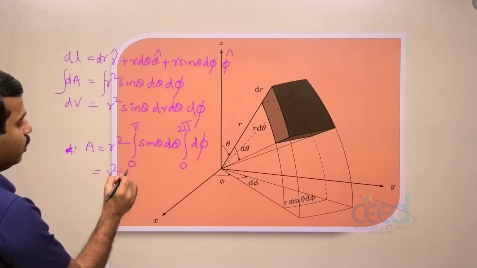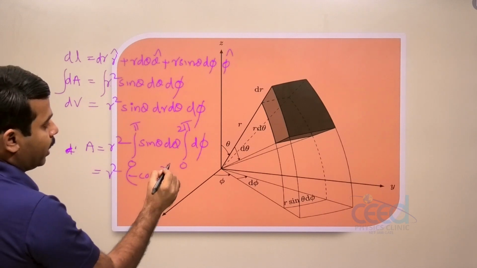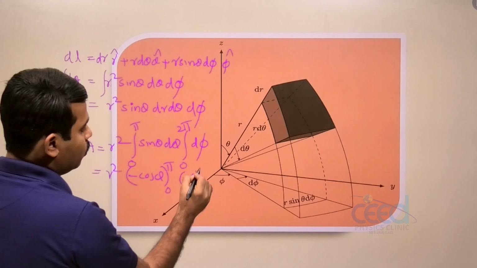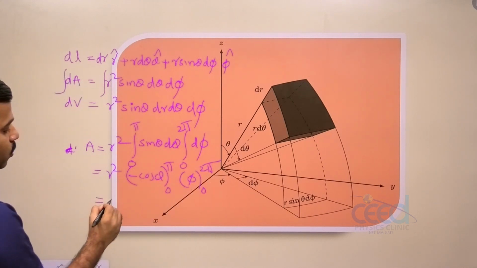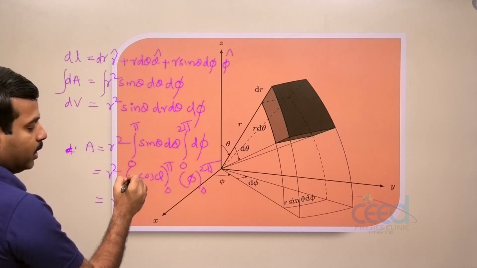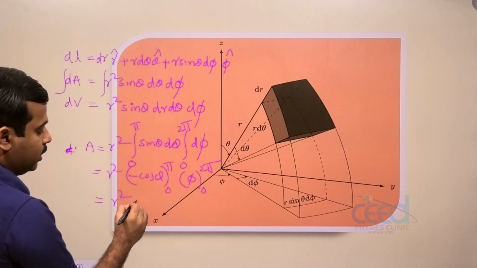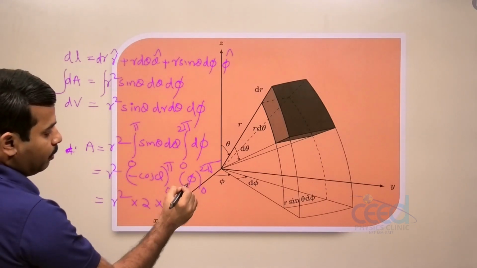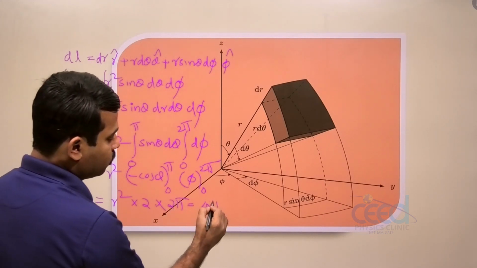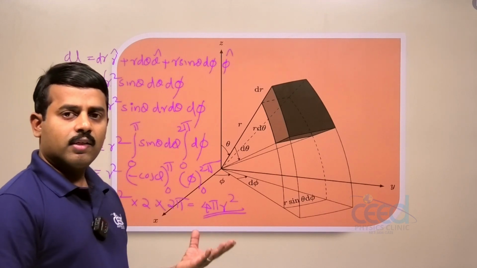That is r square into minus cos theta from 0 to pi, and d phi, that is phi from 0 to 2 pi. Now r square into cos pi minus 1, then minus 1, minus 0, cos 0 is 1, then this is 2. Here the upper limit you give is 2 pi, that means 2 pi into 2, 4 pi r square, right. So we know this is the sphere surface area.